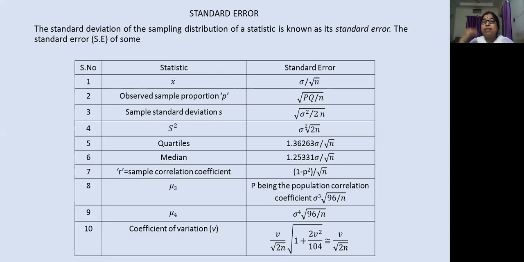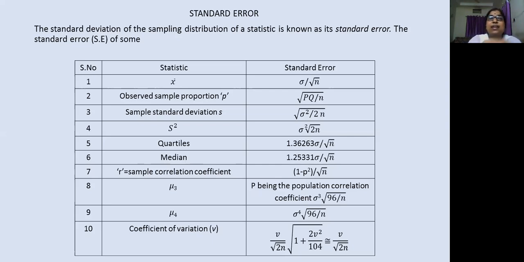Here in this table we have variances. Now the variance of the variances, if we take, that we call the standard error. The standard deviation of the sampling distribution of a statistic is known as the standard error.